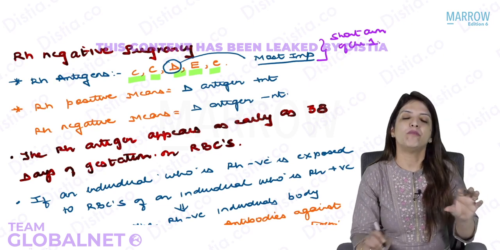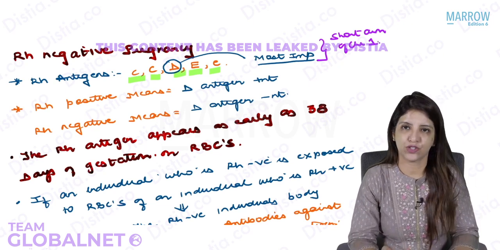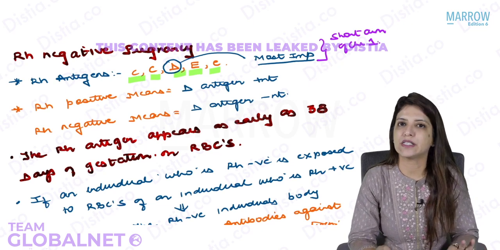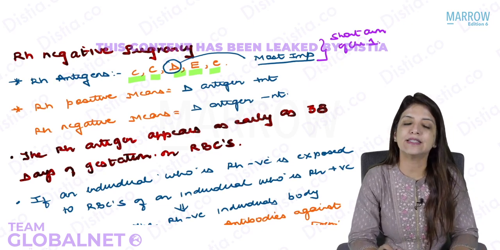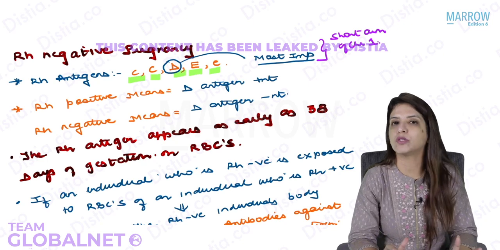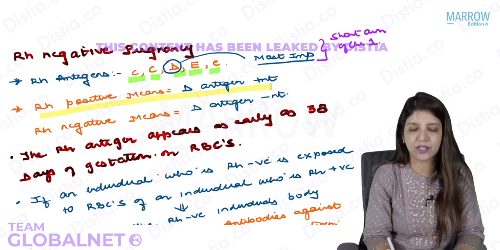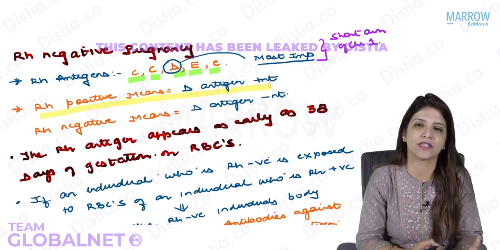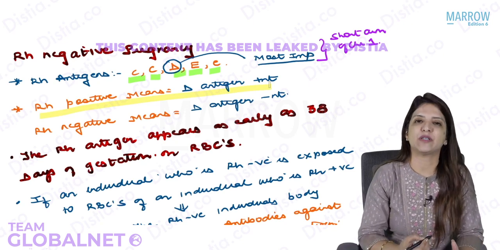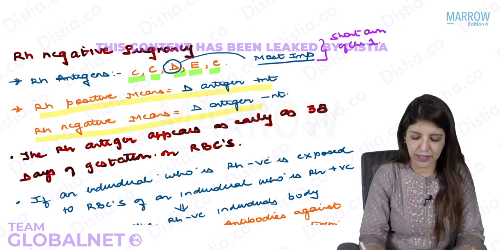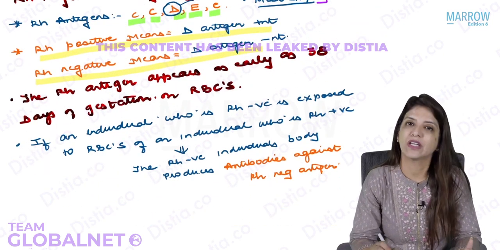Amongst all these 5 antigens, it is the capital D antigen which is the most important. If capital D antigen is present, the individual is Rh positive. And if capital D antigen is absent, the individual is Rh negative.